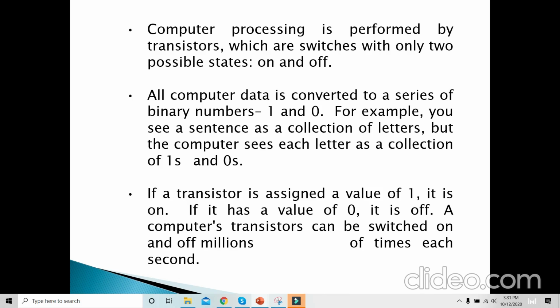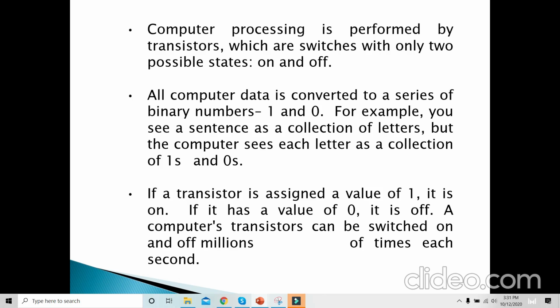I don't know if you have experience watching sci-fi movies wherein the computer usually communicates with only the numbers 0 or 1, which is on and off, two opposite states only. There are only two possible states.